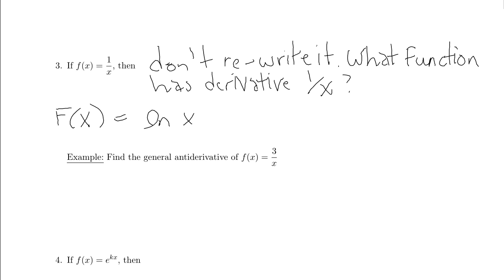But with ln x, we know that its domain is more strict than that. We also can't plug in 0, but we can't plug in negative numbers as well. And so in order for this antiderivative to be defined, we actually have to throw some absolute values on the x so that if there are negative x values, the ln function is still defined. So our antiderivative for capital F of x is ln of the absolute value of x plus a constant.